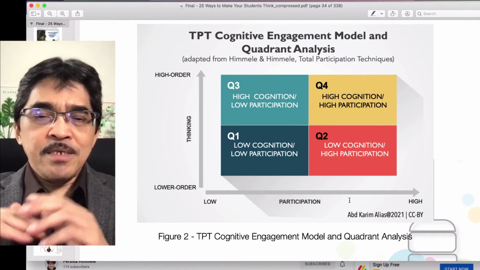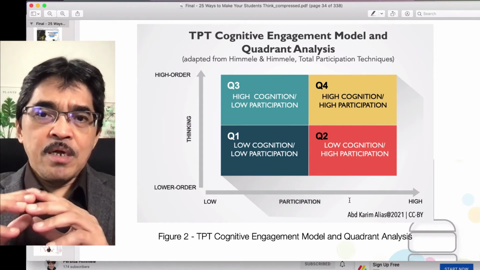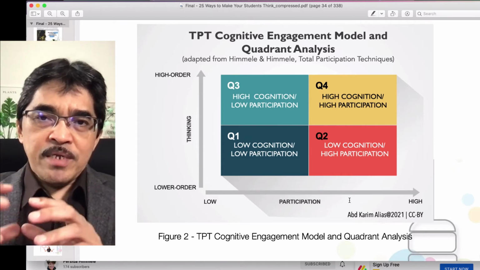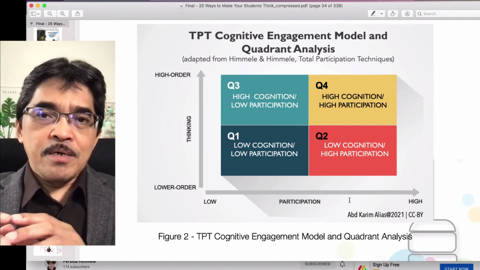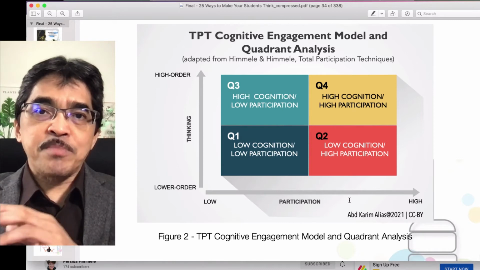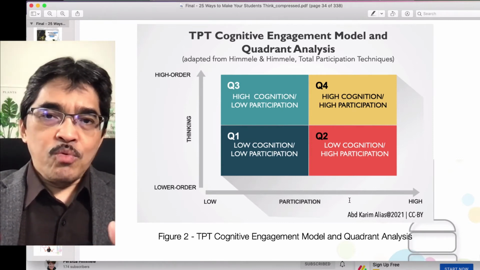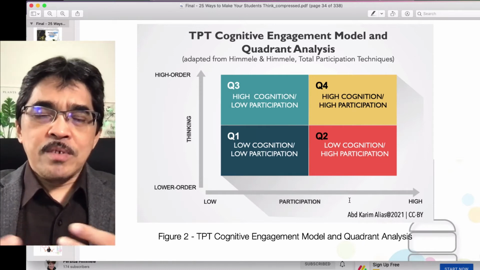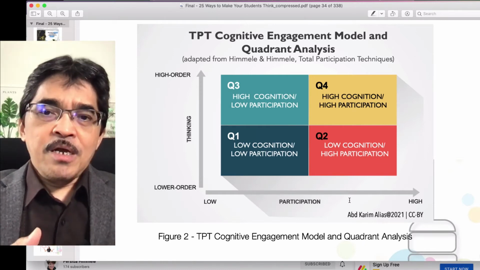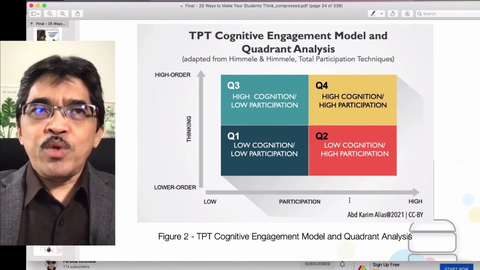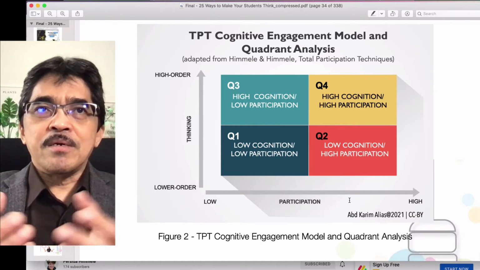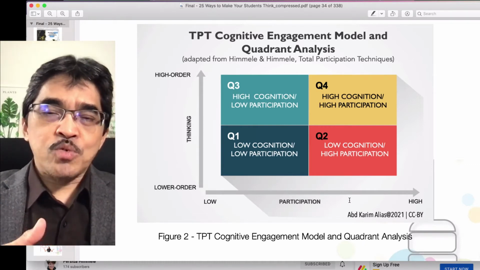But if we design the learning activity carefully, we can also get emotional engagement there, where students would be happy and willing and always give their best, meaning we create a very fun and happy environment for the students to learn.